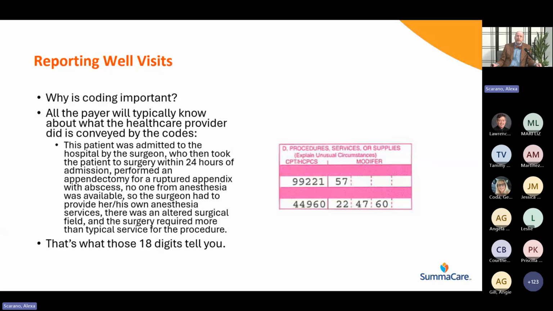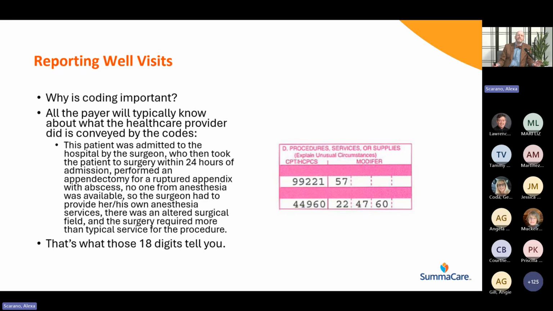Maybe we're at a rural hospital, so the surgeon had to provide his or her own anesthesia services. When the patient was opened up, the surgeon found an altered surgical field, maybe a lot of adhesions or some altered anatomy. And the surgery required more than the typical service for that procedure.